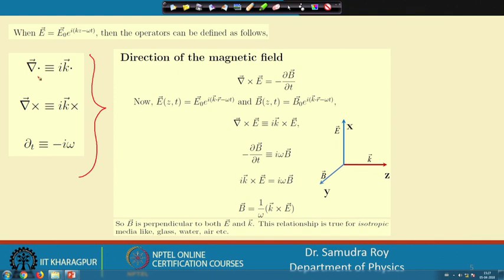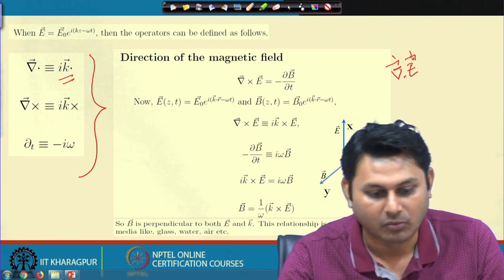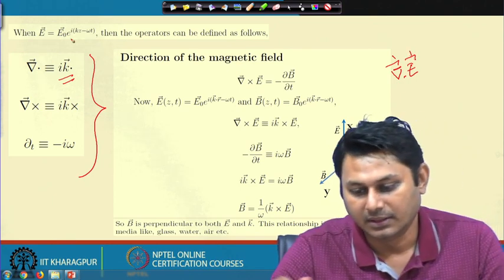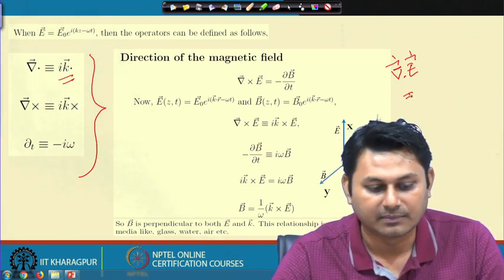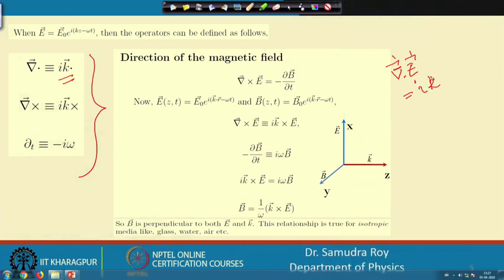So, if I operate these over the electric field in plane wave form, this will give me this quantity. So, if I operate, say, grad dot E, where E is of this form, then this eventually gives us i k dot E.